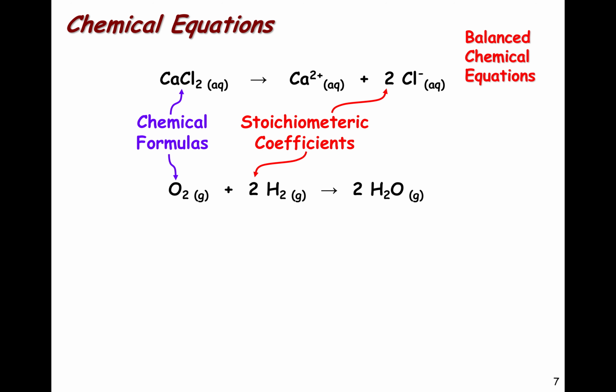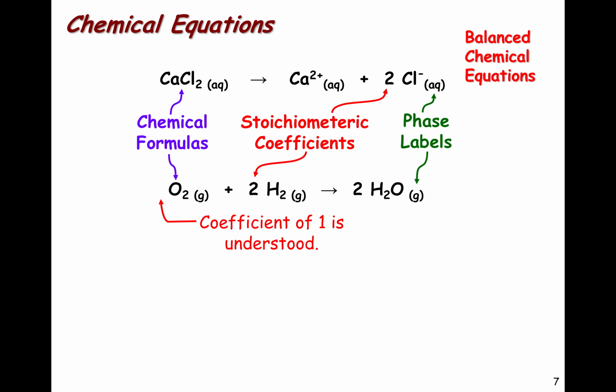But then also we will have stoichiometric coefficients. These tell us about the number of molecules or ions that might be present. These are essentially multiplication factors. And then in addition to that, we assume that if there is no number in front of a formula, that stoichiometric coefficient must be 1.